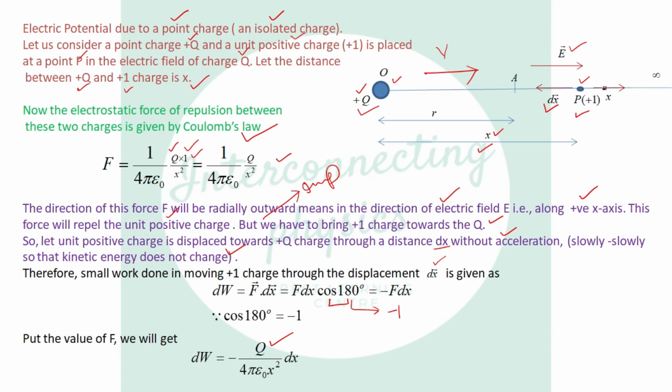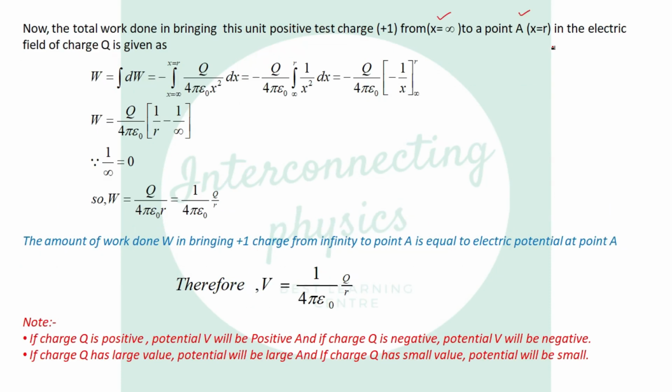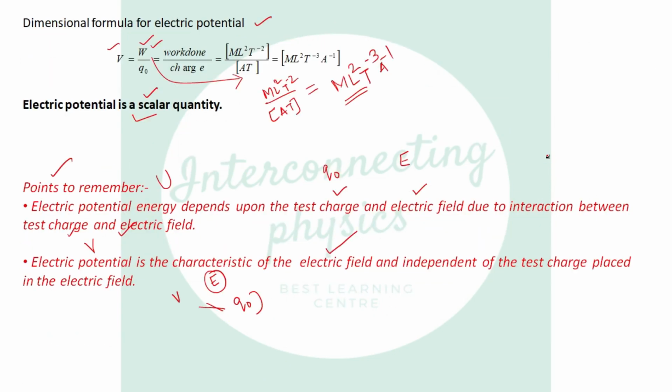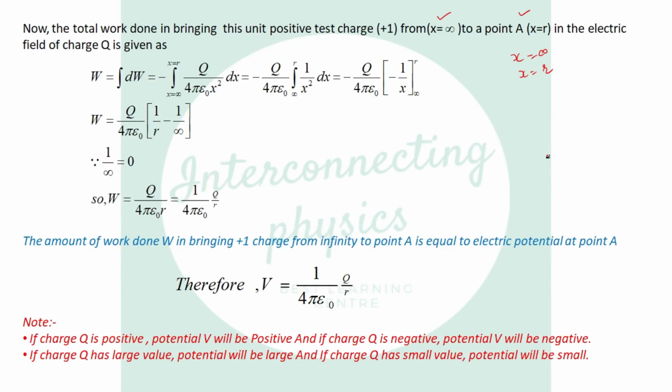Now the total work done from infinity to point A will be, suppose x equal to infinity first and then x equal to r at point A. We have to bring this plus 1 charge to A, and at A the distance is small r. So we have to bring the test charge from x equal to infinity to x equal to r. The limits of integration will be from infinity to r.